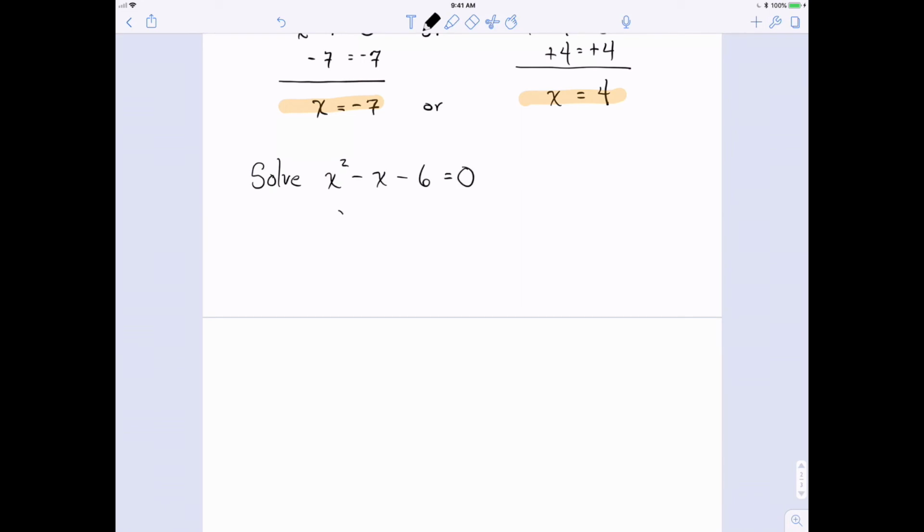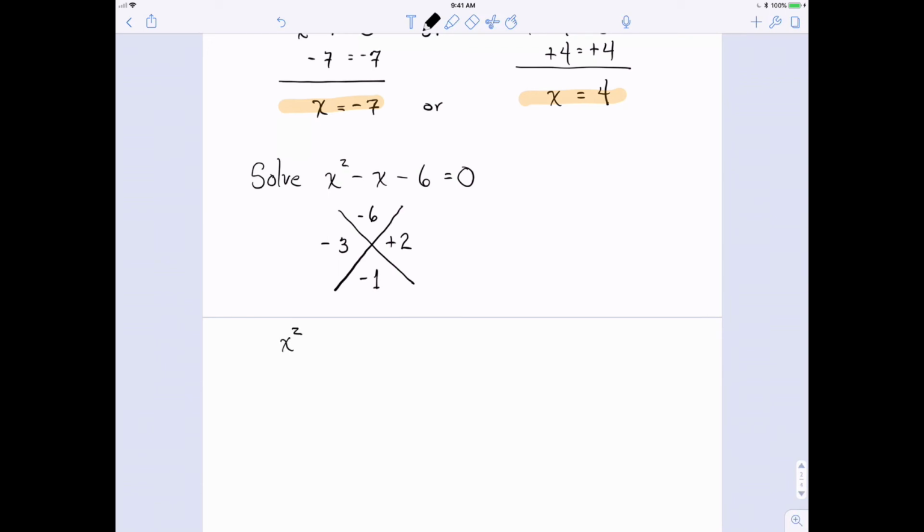All right, to do that, we first have to factor, change the sum to a product. So my result comes from 1 times negative 6, and the sum in the bottom is the middle term, which is negative 1. And if I have negative 3 and a positive 2, so now I have this problem.